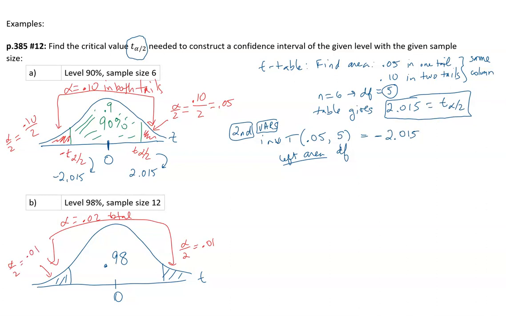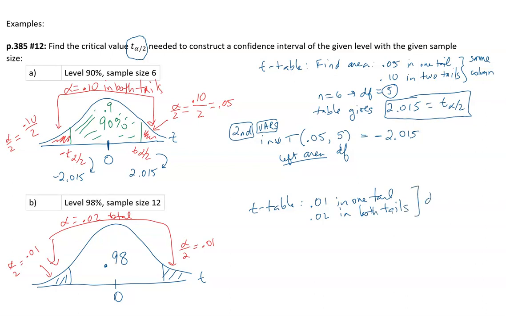Okay, so then go to your t-table with either the 0.01 in one tail or the 0.02 in two tails. And again, you'll see that that is going to refer to the same exact column.